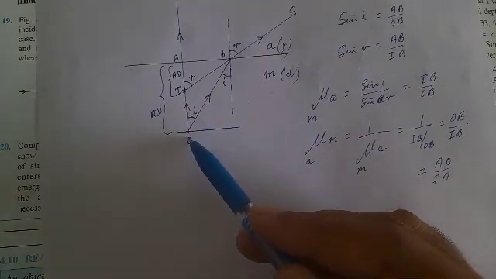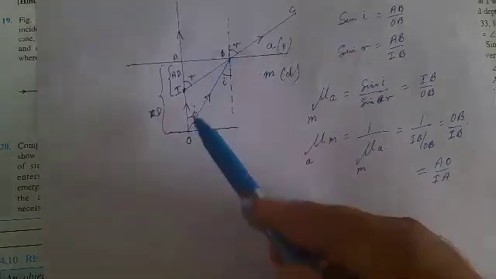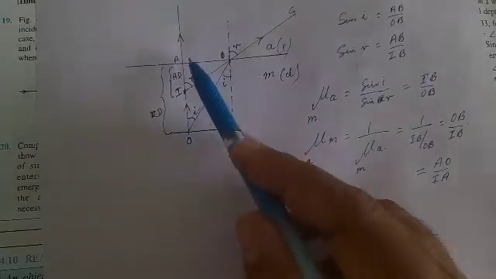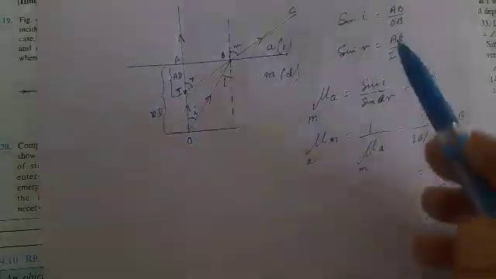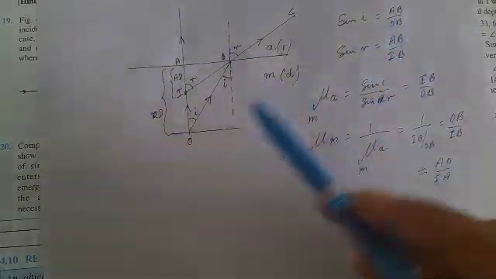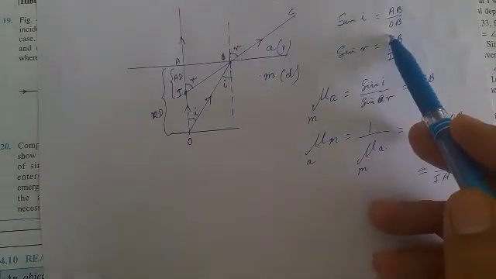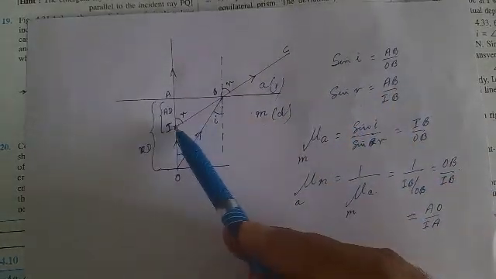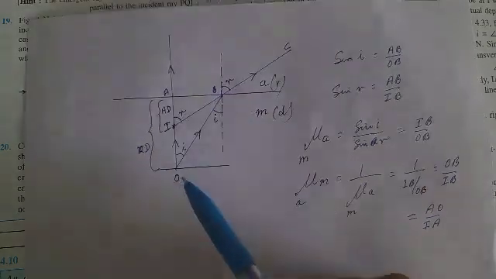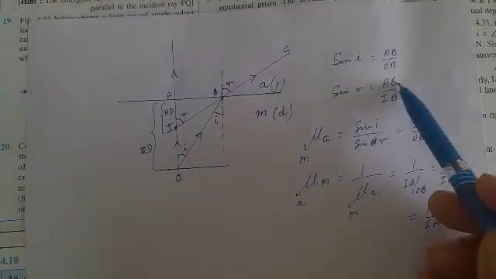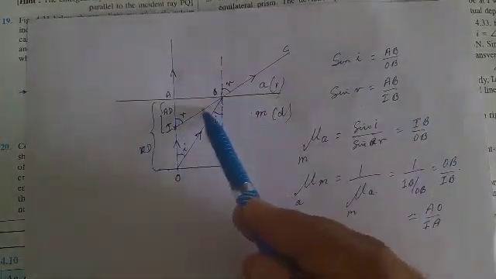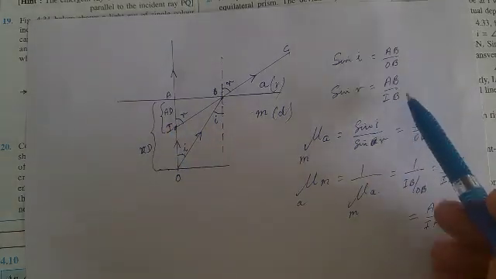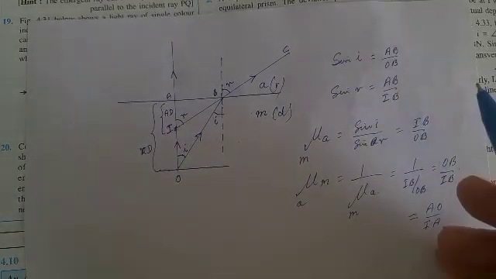Now triangle OBA: sin I is opposite by hypotenuse, sin I is AB by OB. Sin R, taking triangle IBA: sin R is AB by IB, opposite by hypotenuse. Got it?